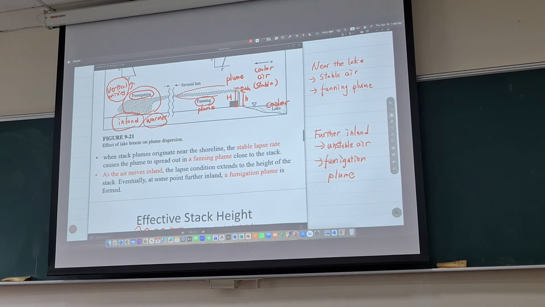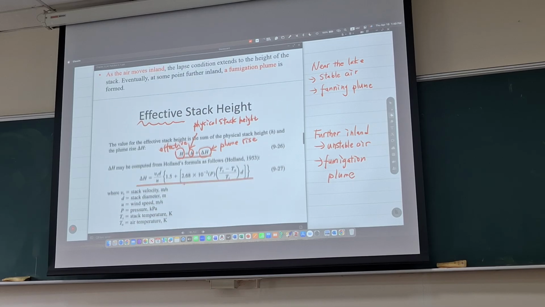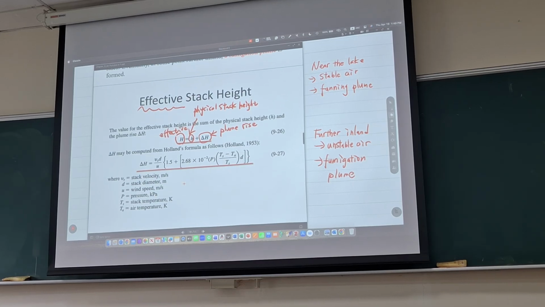The height of the plume is delta H. So add these two up, and the capital H is something called the effective stack height.